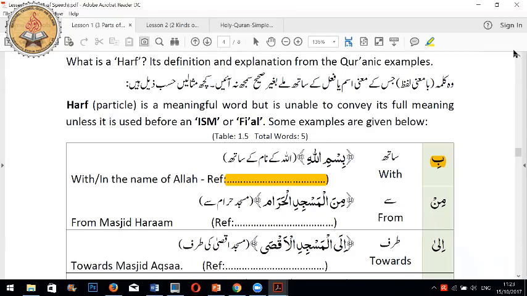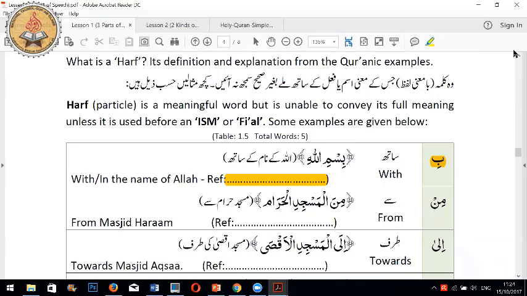Now next is min. Minal masjid al-haram. Minal masjid al-haram, and we know that al-masjid al-haram is situated in Mecca. Okay, and Surah Bani Israel, this is chapter number 17.